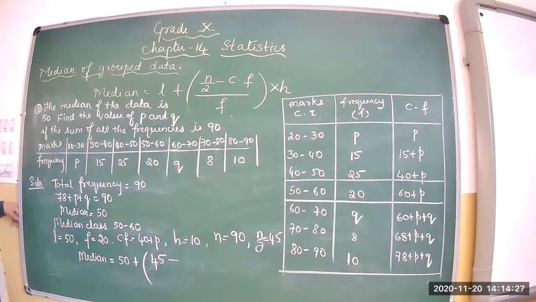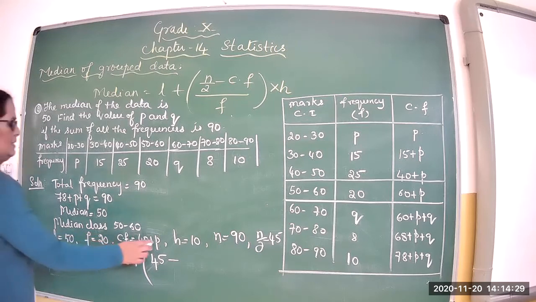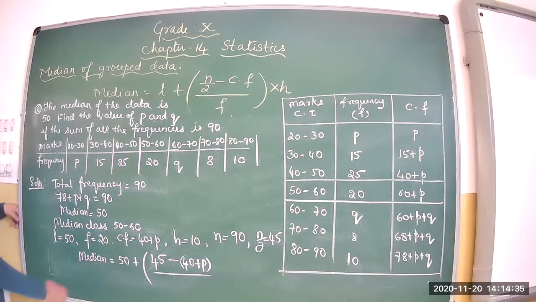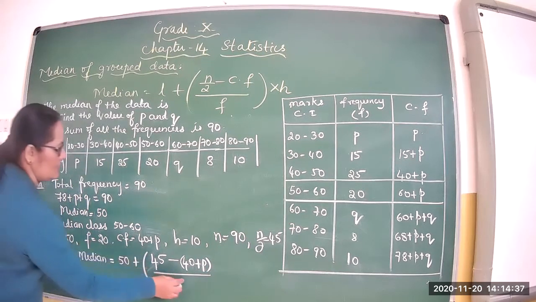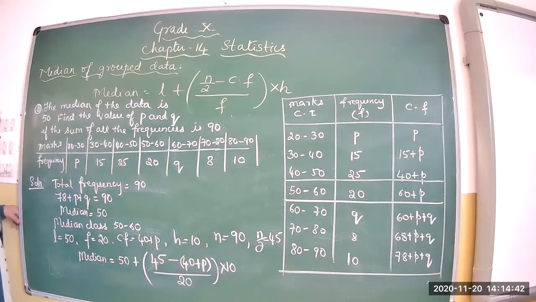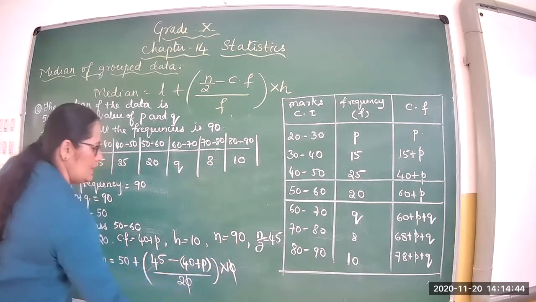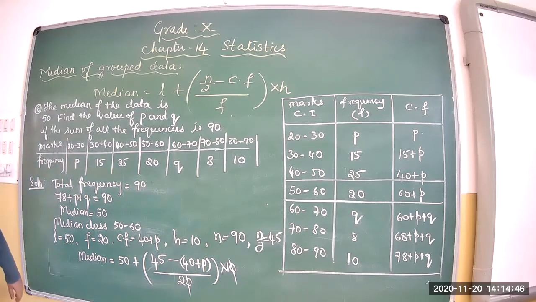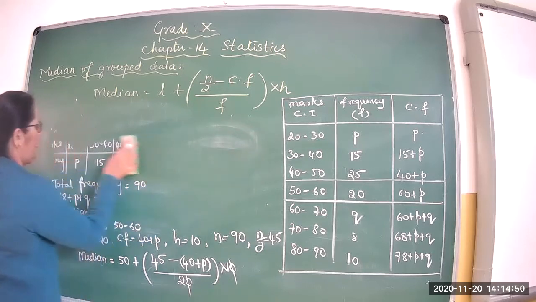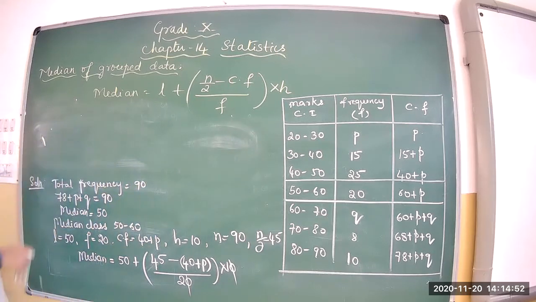Minus the cumulative frequency, that is 40 plus P, divided by the frequency, which is 20, into 10, the class size. The zeros cancel. Now we need to find the median.